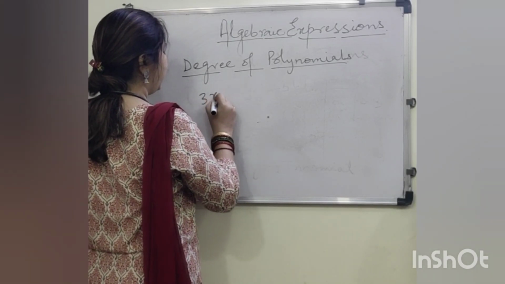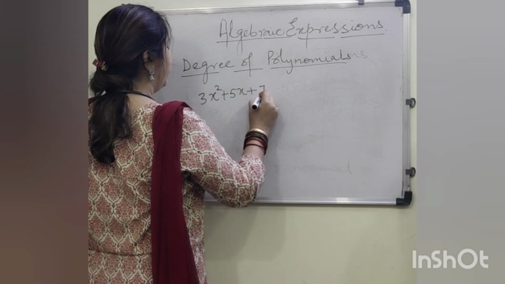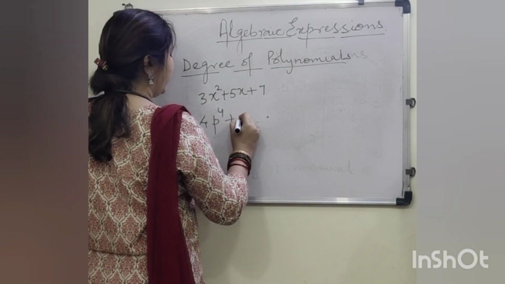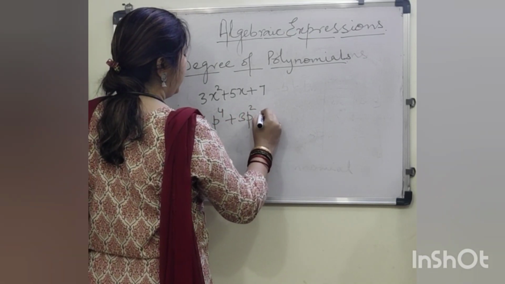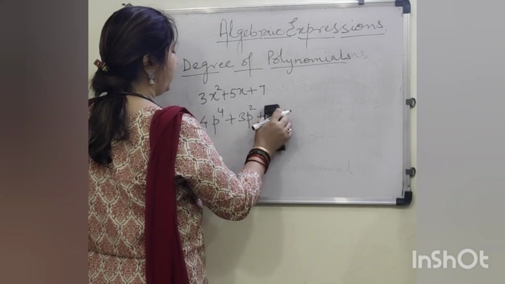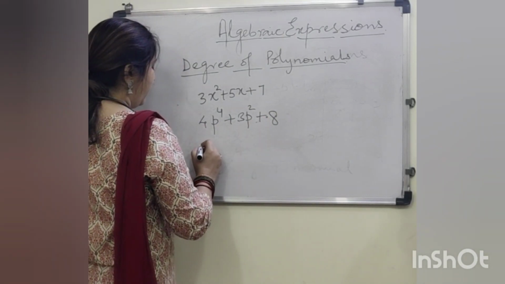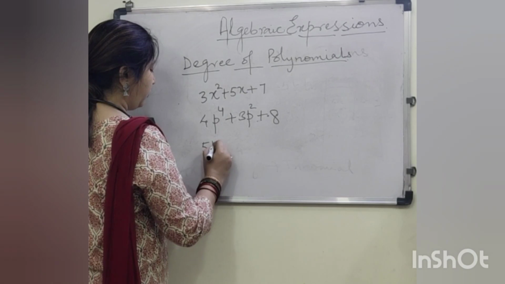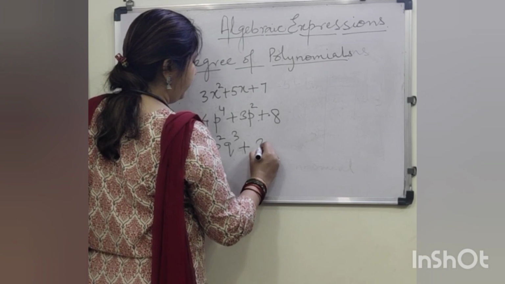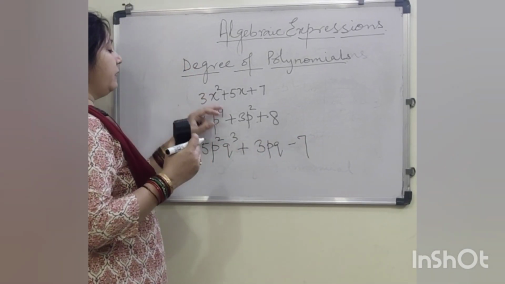Like I took the example 3x square plus 5x plus 7. 4p to the power 4 plus 3p square plus q, or you don't write q, you write 8. 5p square q cube plus 3pq minus 7. I have written 3 expressions.